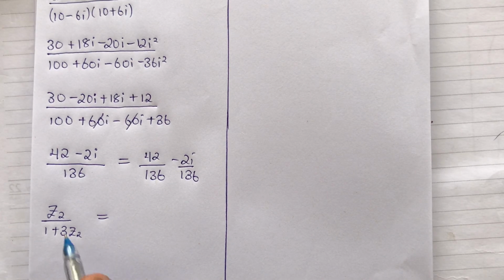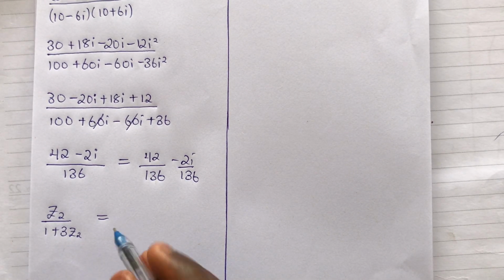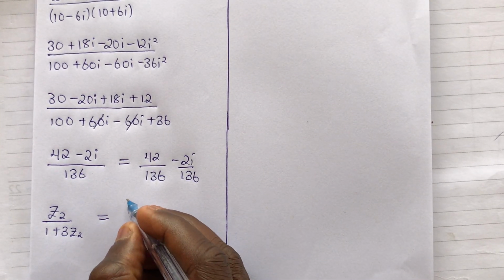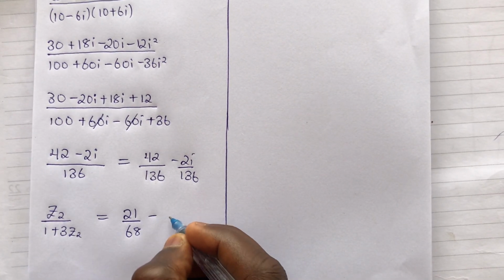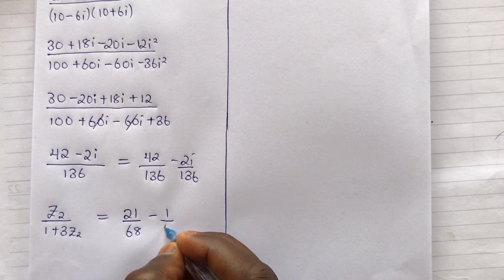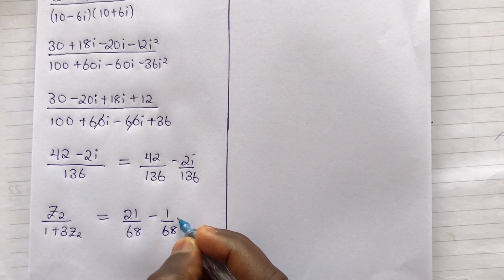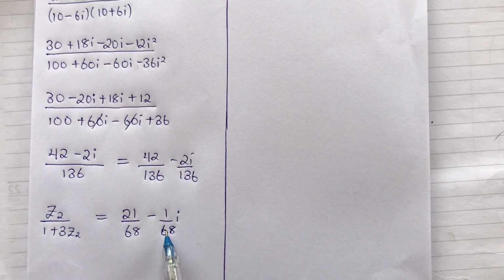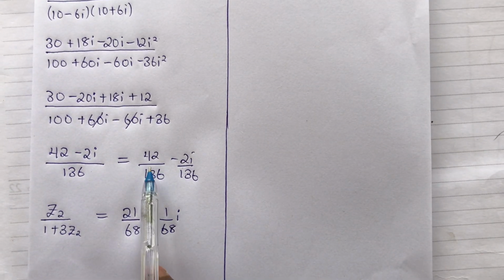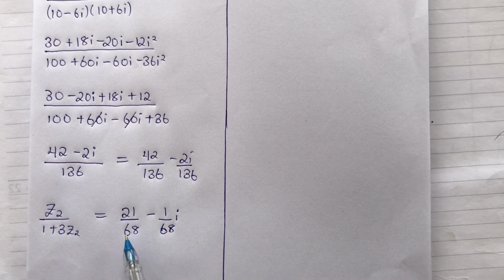So our z2 over 1 plus 3z2 is giving us 21 all over 68 minus 1 over 68 i. So now note that 2 will cancel. 2 into this is 1, 68. 2 into this is 21, and 2 here is 68.